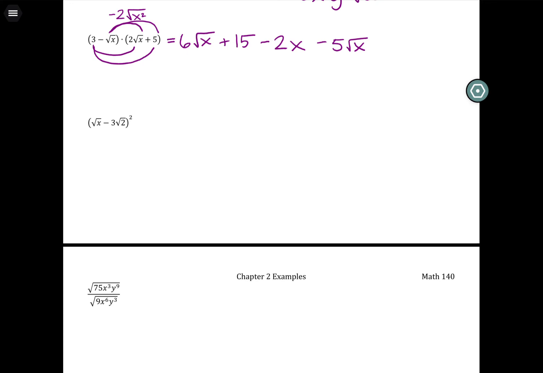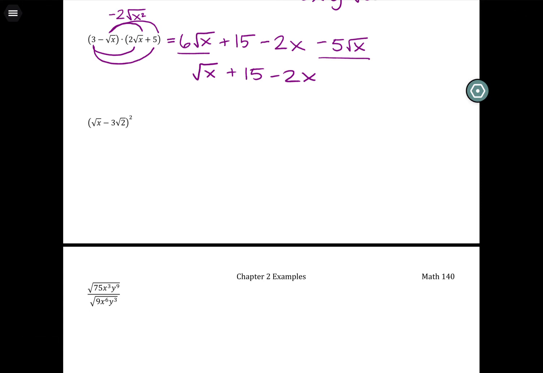I can combine some like terms. So 6 root x's and 5 root x's, those are like terms. And I can just count up. If I have 6 of them, I take 5 away, I'm left with a single root x. I can't really do any better with the 15 or the 2x, so that's where I quit. None of those are like terms.